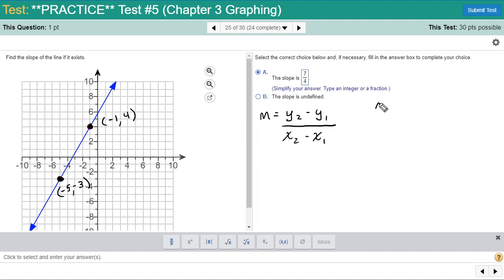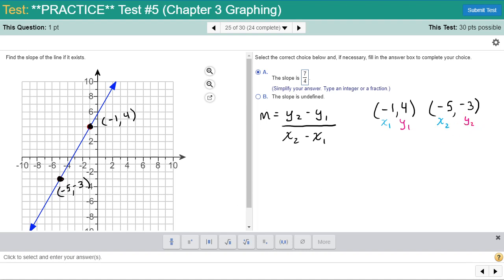So we have 2 points again. Let's say (-1, 4), and we have (-5, -3). So we can label these as our x1 and x2, and then we can label y1, y2.